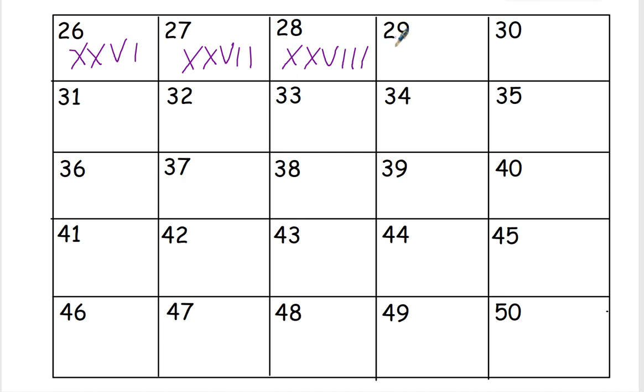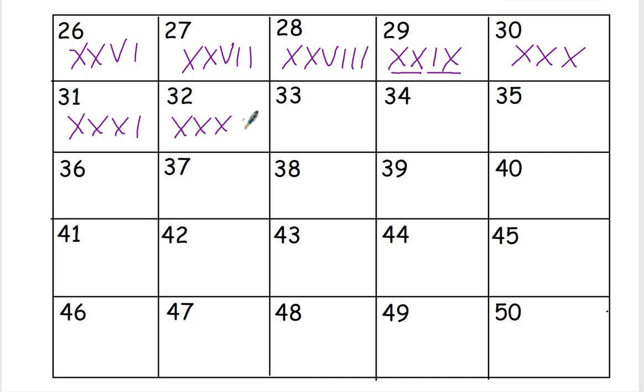And 29 is XXIX, because we have 20 and a 9. And then 30 is 3 X's. 31 would be 3 X's and an I. 32 is 3 X's and 2 I's. And it would continue with the same pattern.